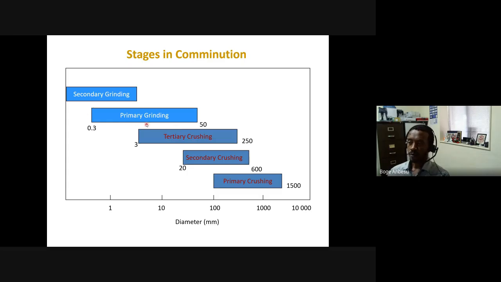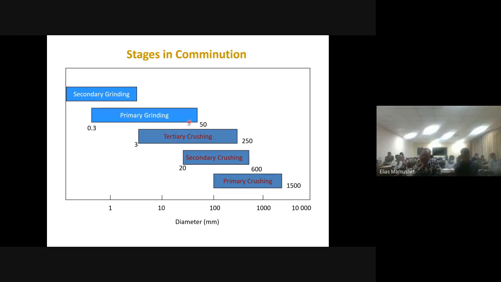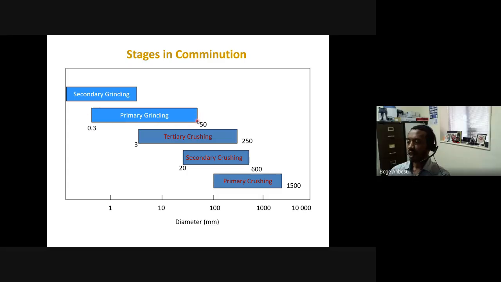Even for primary grinding, instead of 50, that's what I said here, so 50 millimeter, you might feed 5 millimeter to your primary grinding mill. And that may produce, so 0.3 millimeter is about 300 micron, but my primary grind may actually produce 100 micron or 0.1. So again, these are very variable numbers, and they depend from operation to operation.